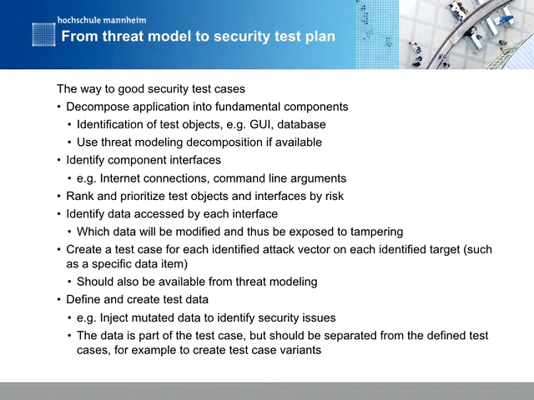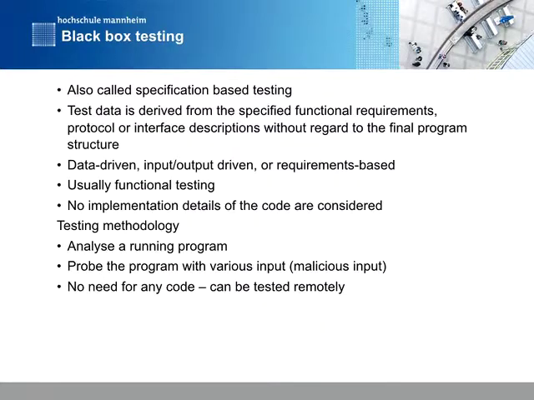It doesn't describe the diagrams in design, but they scan the code and actually construct a data flow diagram, and from there they find new vulnerabilities at a logical level. Create a test case for each identified attack vector, that's the threat modeling approach, and inject mutated data. This is fuzzing, and we'll see that later.